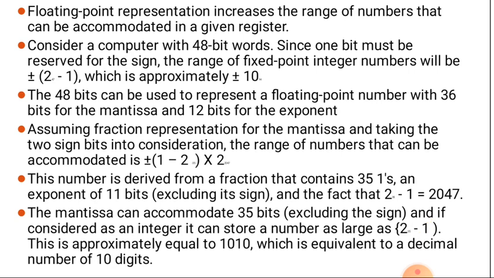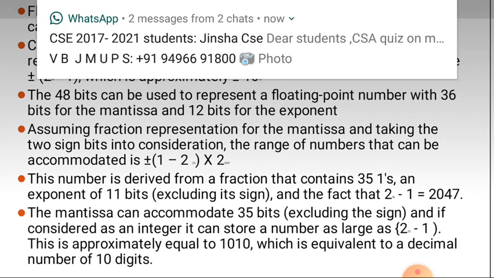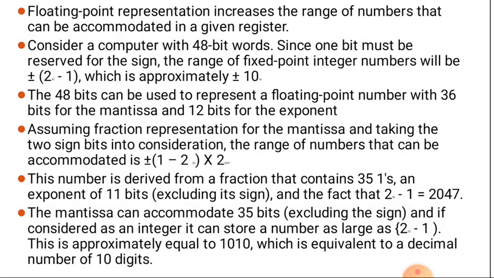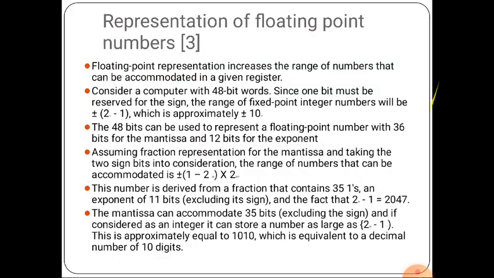So the mantissa can accommodate 35 bits excluding the sign, and if considered as an integer, it can store a number as large as 2 raised to 35 minus 1. This is approximately equal to 10^10, which is a decimal number of 10 digits. So, which is very large.